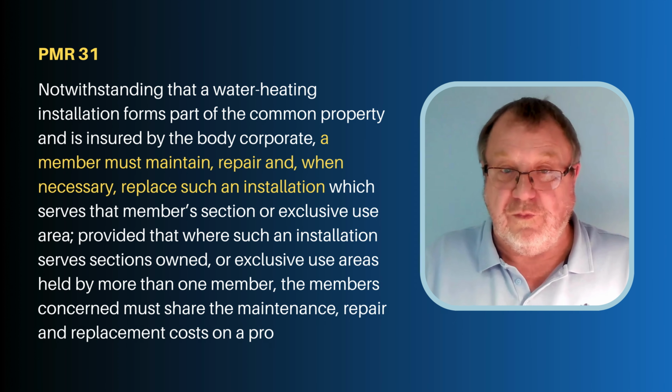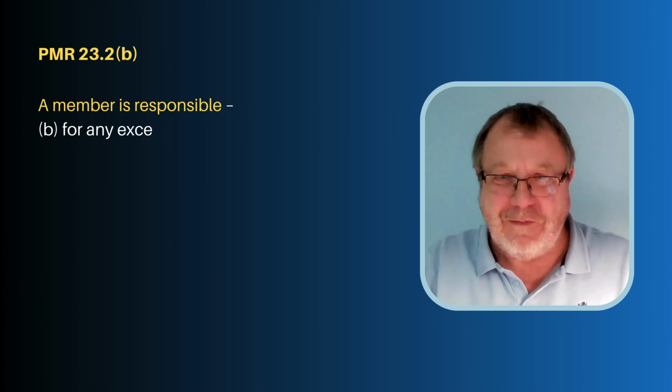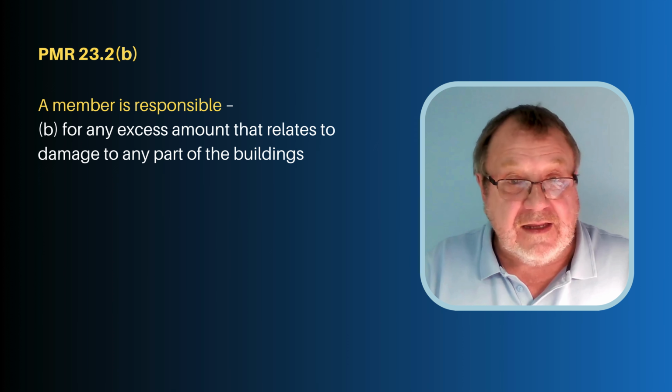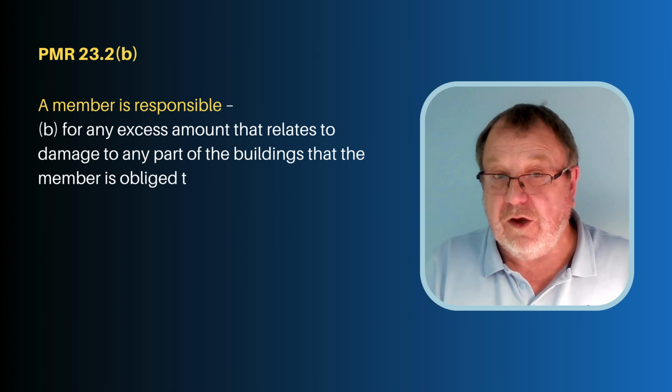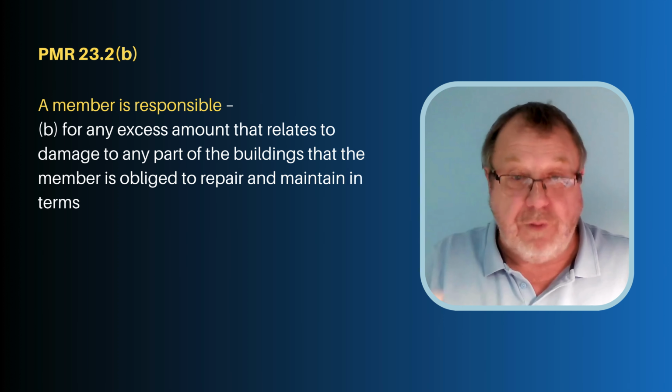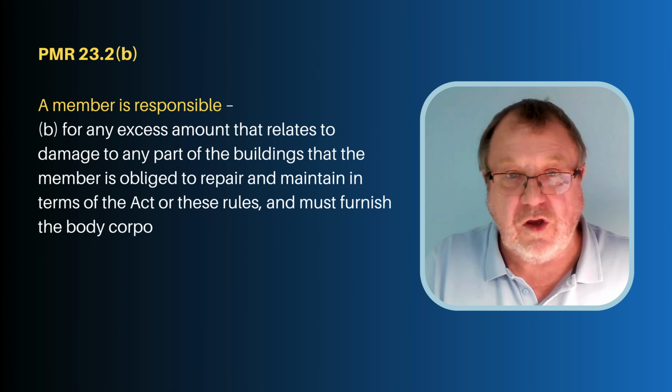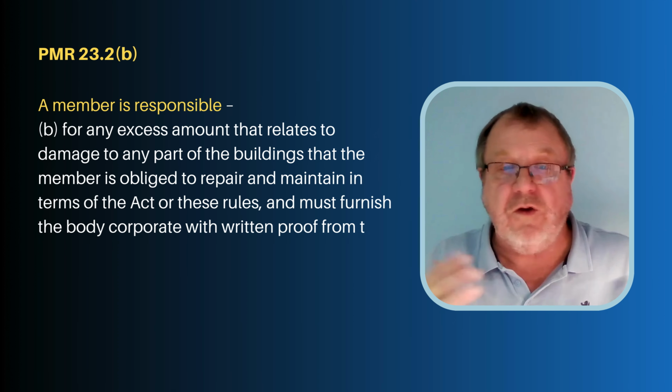So the excess rule would be prescribed management rule 23.2b. Okay, I'm going to put that up on the screen as well. Let this type out. It's not as long. And basically, that rule makes the owner of the part, or the member, it speaks of the member, but I refer to it as the owner, responsible for whatever the owner is responsible for.